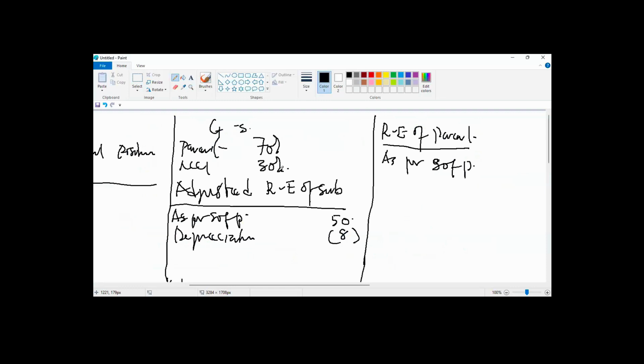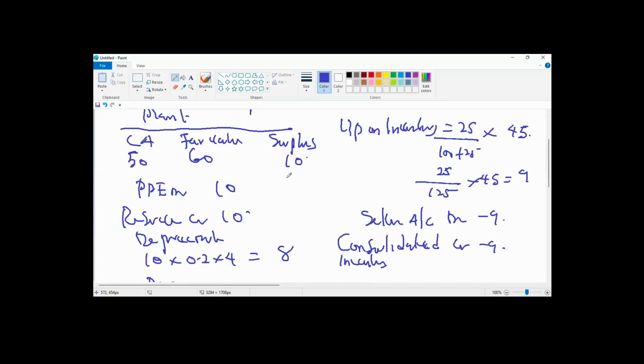The parent owes the subsidiary 35 for goods purchased, and the subsidiary owes the parent 15,000. Separate owing. Nothing in transit. The parent is saying the subsidiary is owing me 35.